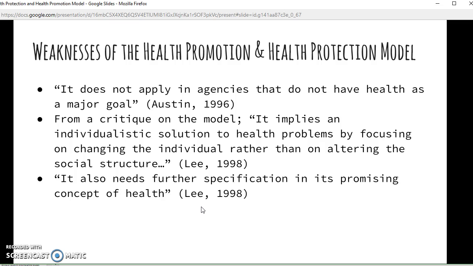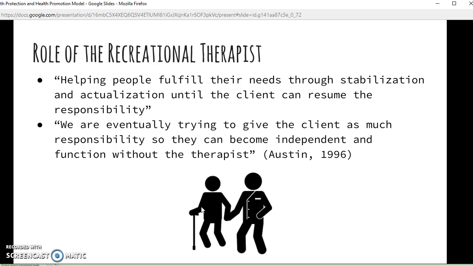So I guess what he's trying to say is that it more tries to change the person instead of changing the outside factors. And then a third weakness he also mentions is that it needs further specification in its promising concept of health. So it just needs to be more well developed and have a little bit more description within it.